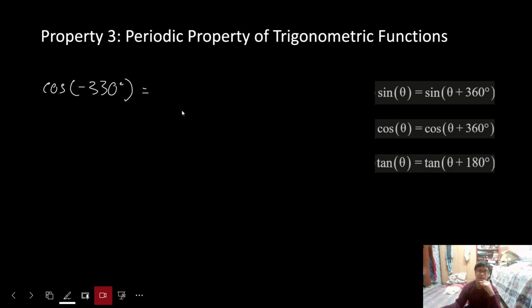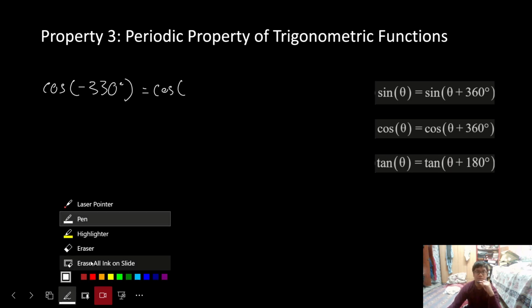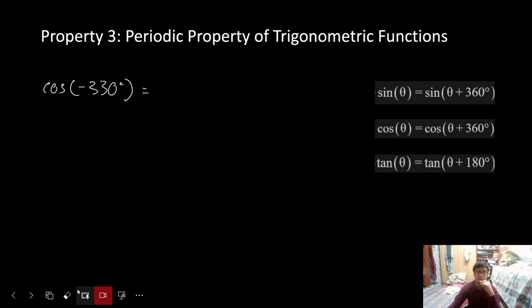First and foremost, you might be thinking, I think it's negative 690, right? Cosine of negative 690 degrees plus 360 degrees.